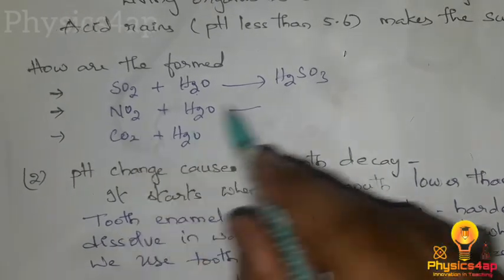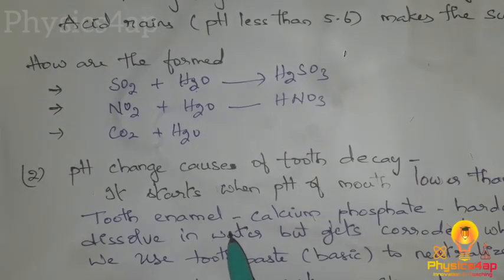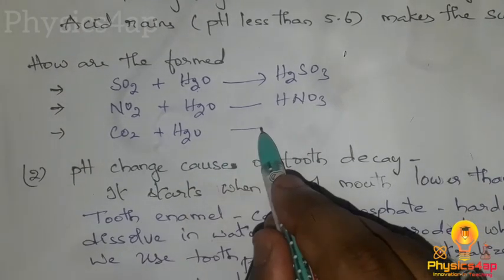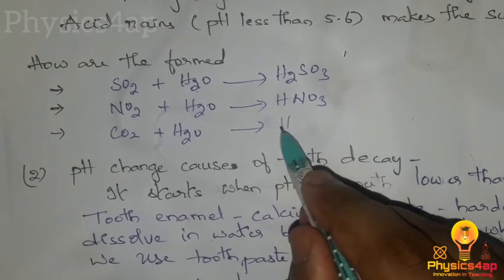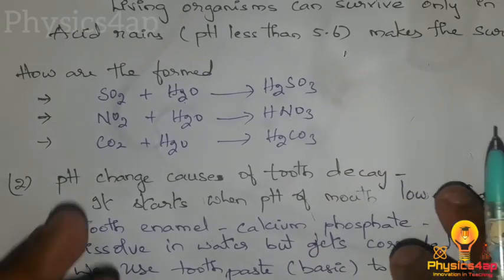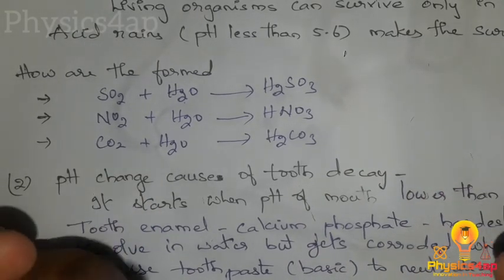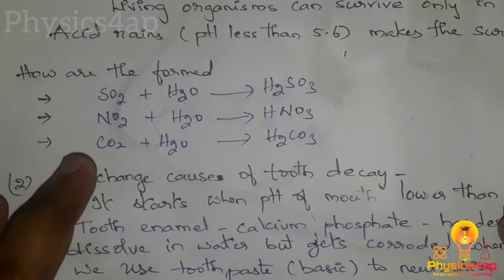When nitrogen dioxide reacts, we get HNO3, and when carbon dioxide reacts, we get H2CO3, which is called carbonic acid. These acids combine into the cloud, and when it gets heavier, it falls down as acid rain.